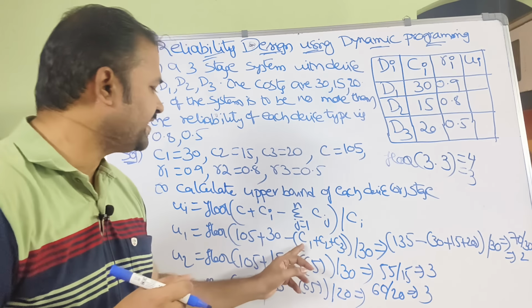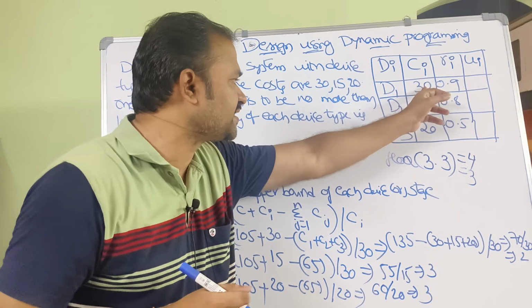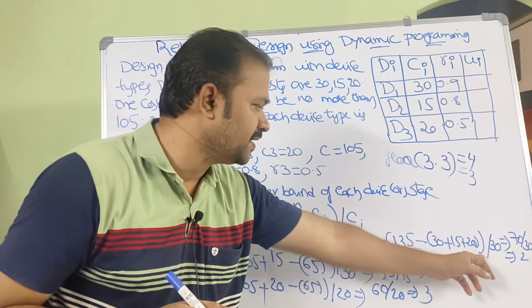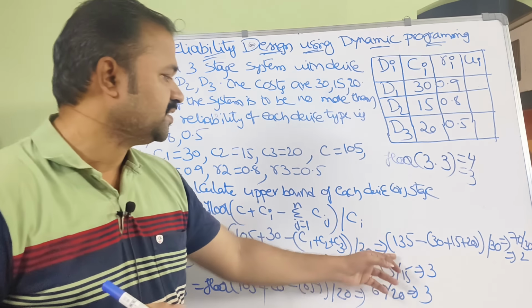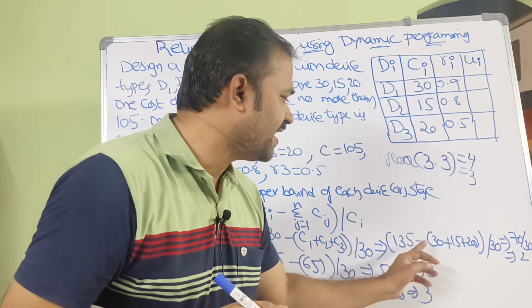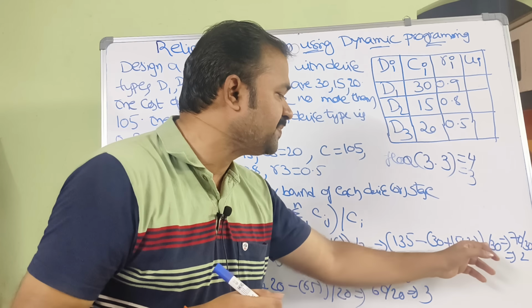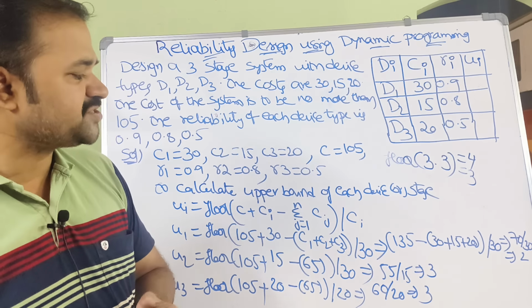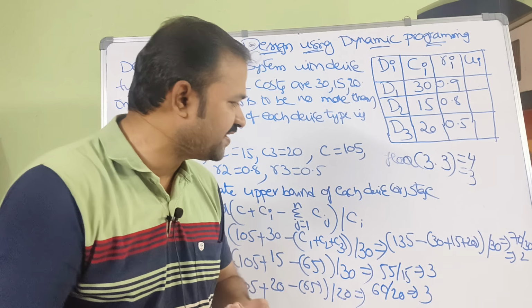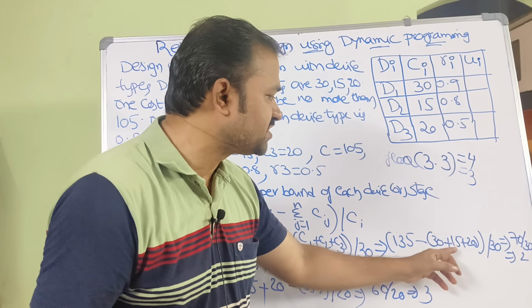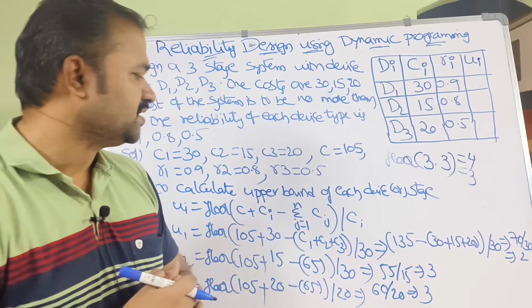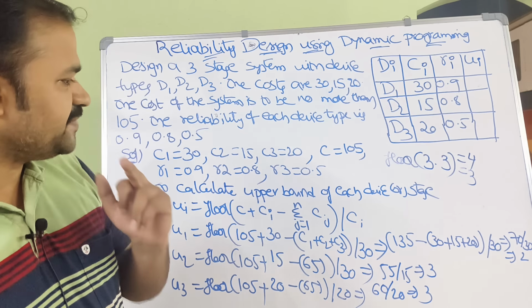C1, C2, C3 values are 30, 15, 20: 30 plus 20 is 50, 50 plus 15 is 65. So 135 minus 65 means 70.